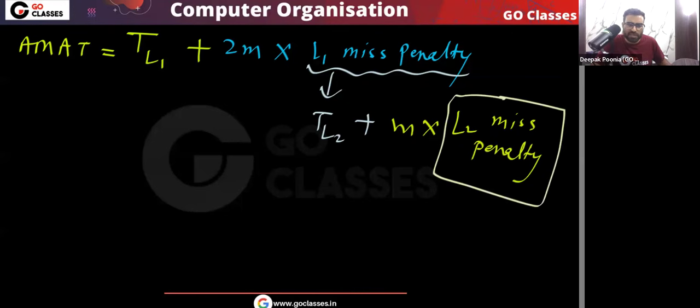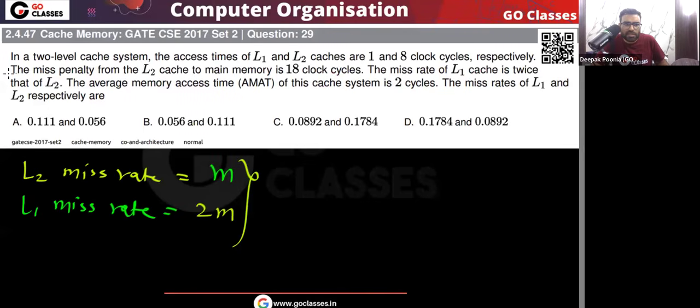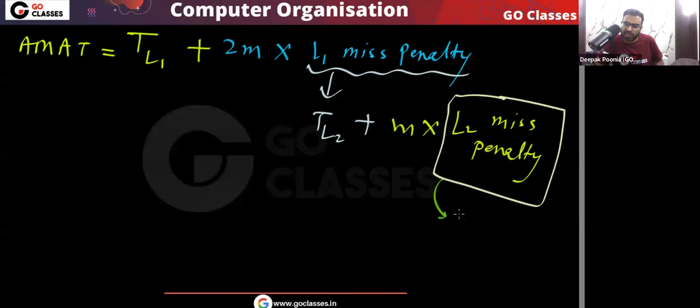L2 is the last level cache, so for L2 the miss penalty is the same as the main memory access time, which is given as 18 clock cycles.